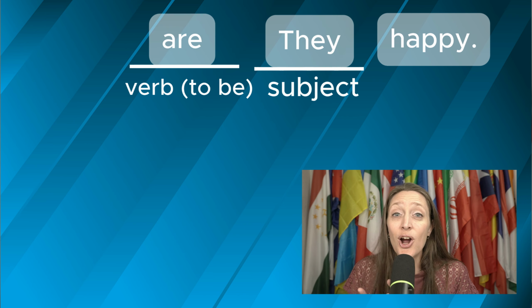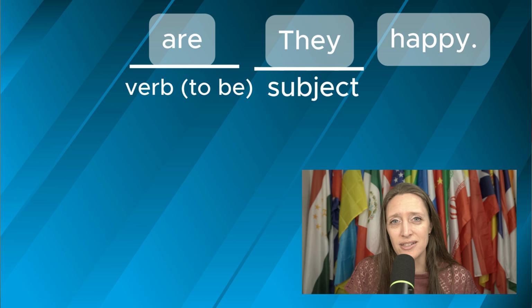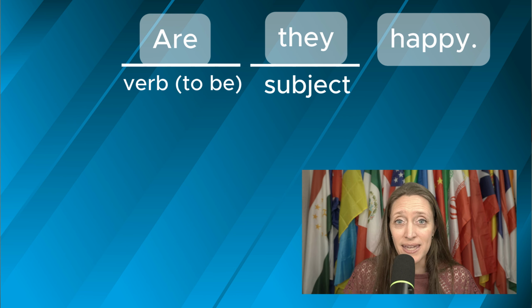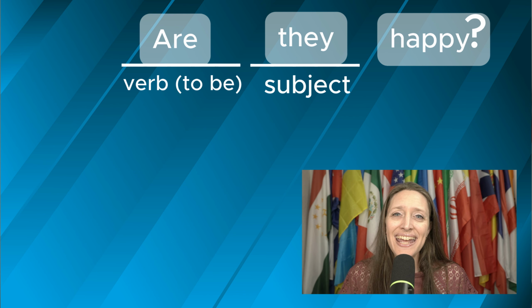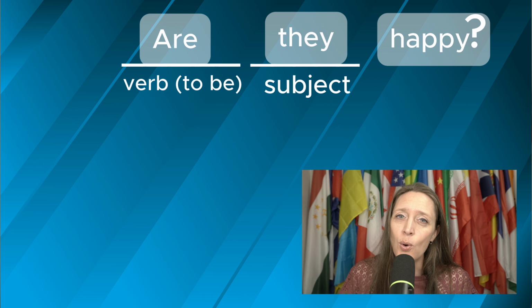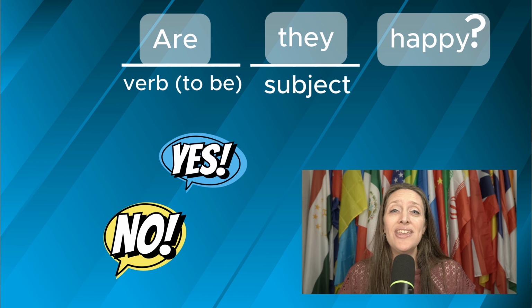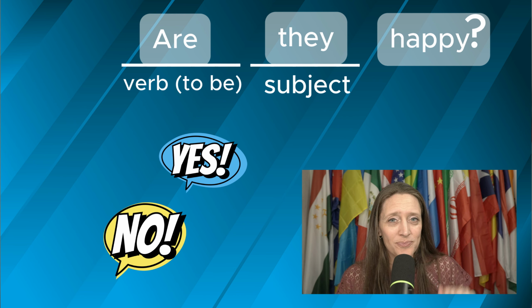So now we're starting with the verb to be and then the subject and the rest of the sentence. So now we have a question. Are they happy? And in English, this is a yes or no question. That means the answer is yes or the answer is no.